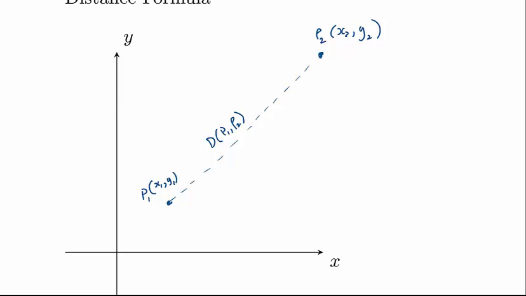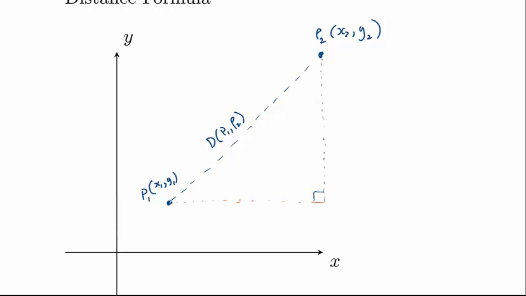So let's go ahead and take note of something here. If you bring this line over here across, you bring this line down, what shape do you see popping up here? It's a right triangle. A nice right triangle right there.